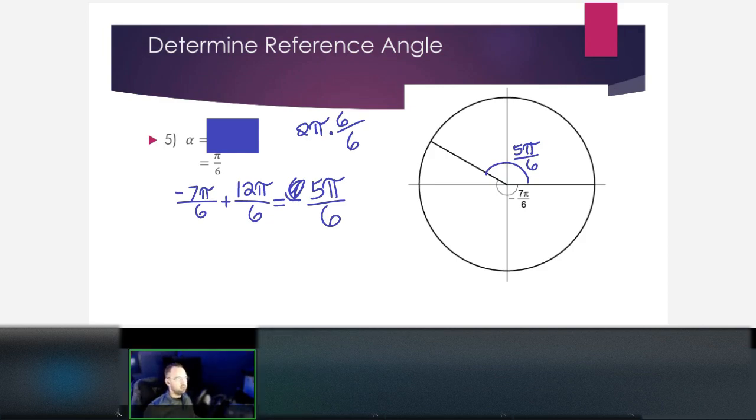So that means that's 5 pi over 6. So by using the formula that's given many slides ago, we do what minus what? What are we doing? What minus what?